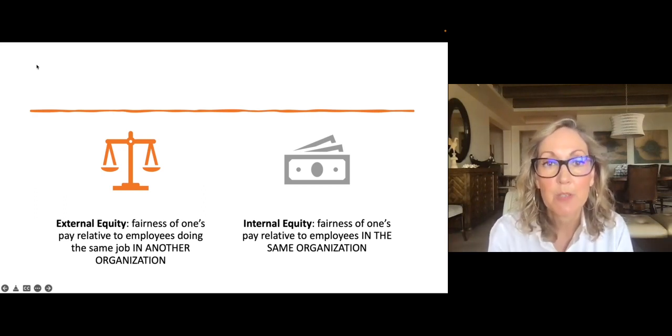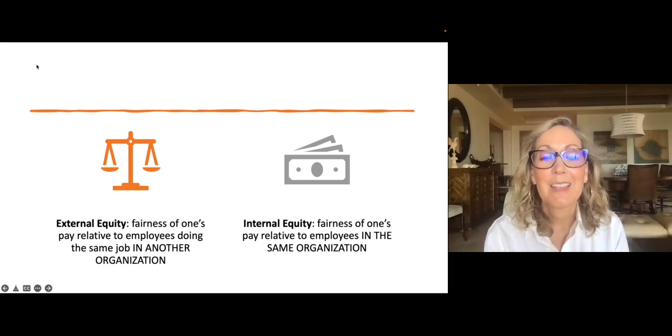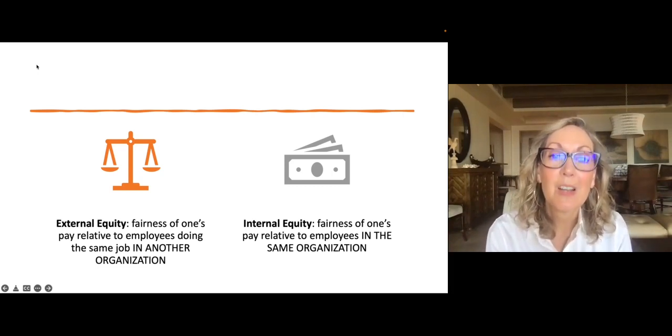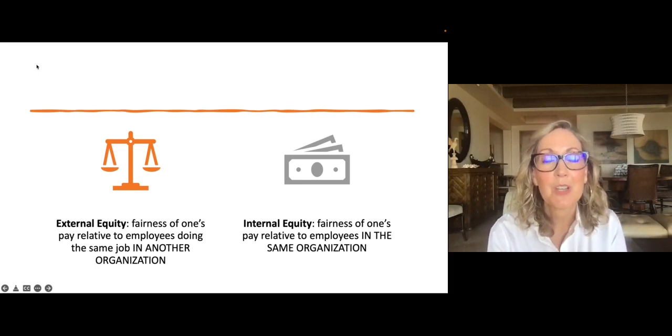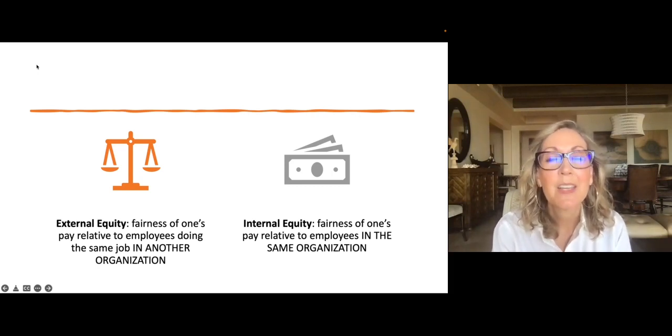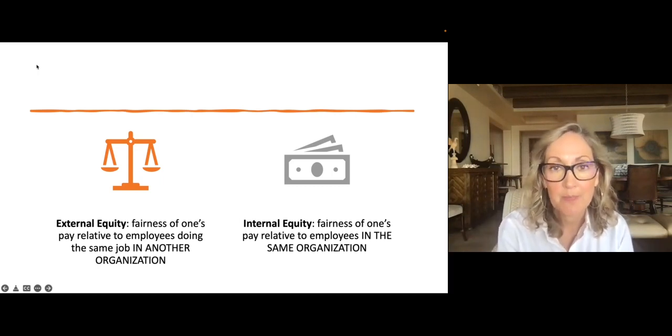Those are made up numbers, I don't know what people at Chick-fil-A make an hour, but just for the sake of this argument, it feels like the same job, and someone in another company is doing a similar job and making a lot more money. That's how I evaluate external equity.